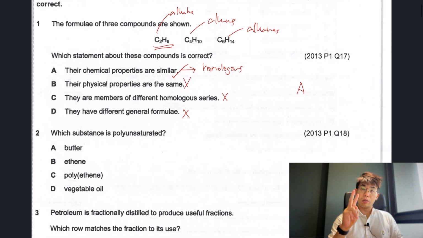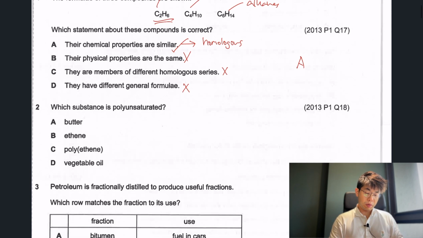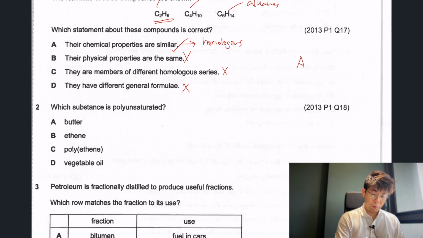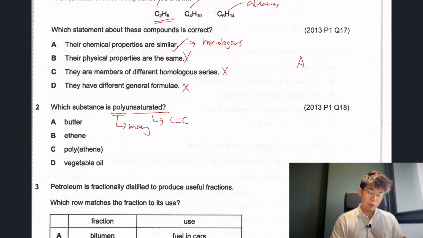Next, question number 2. Which of the substances is polyunsaturated? Poly means many and unsaturated means C=C double bond. So out of all of these, polyunsaturated would have to be the oil.